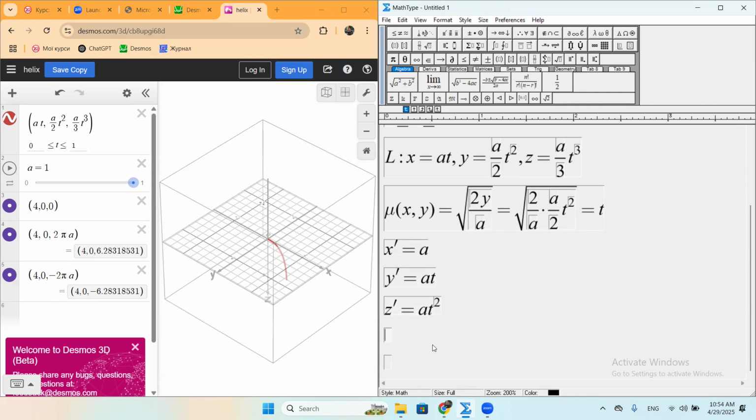And now let's write down dl. So it is the following: square root of a square plus a square t square plus a square t in power of 4, dt.